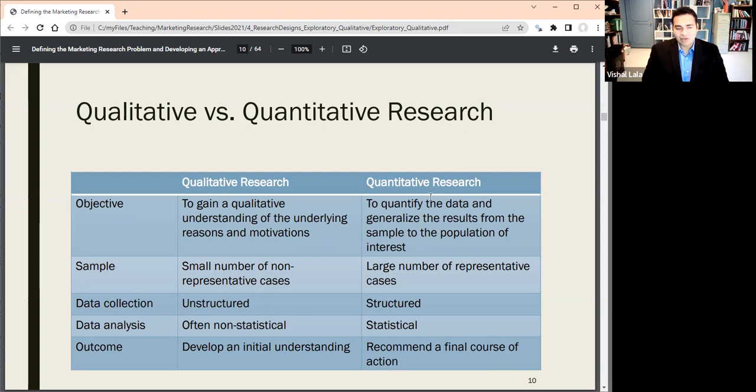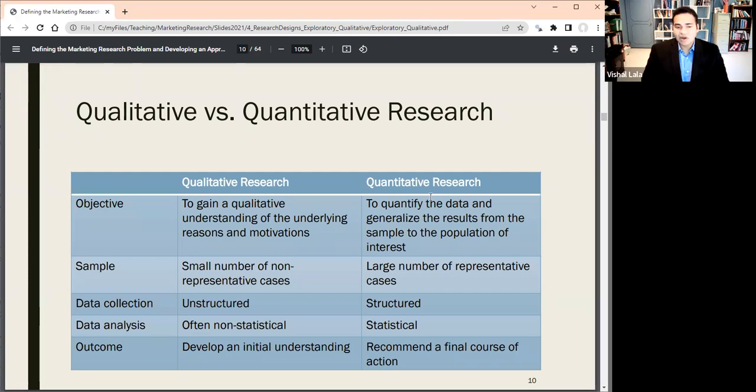Because of its nature, qualitative research, which involves drilling down, learning in depth, and being flexible, for these reasons, the sample of respondents tends to be small and often not representative of the population at hand. The data collection process is often unstructured.